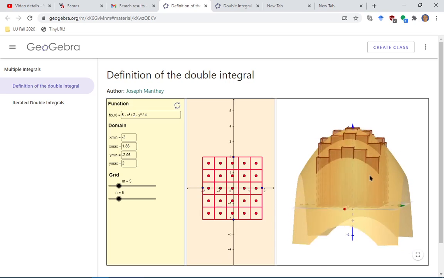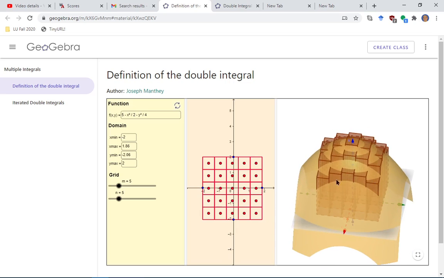In this three-dimensional picture perhaps it's not easy to see, but here is that rectangle in the xy plane. In general it can be any shape, but to simplify things we're just looking at the rectangle.